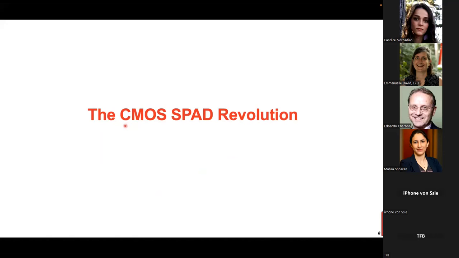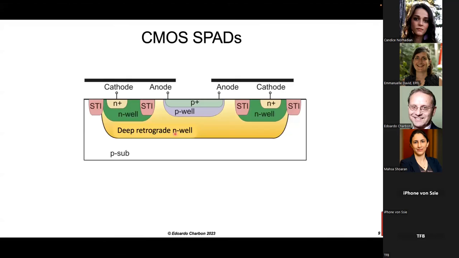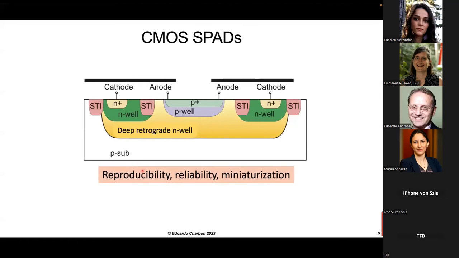CMOS, for those of you that are not familiar, stands for complementary metal oxide semiconductor. And it really created the revolution because for the first time, one could build planar SPADs that would be essentially CMOS compatible. So basically they can be implemented in a standard process. The advantage of the standard process is that first you manage to reproduce it.